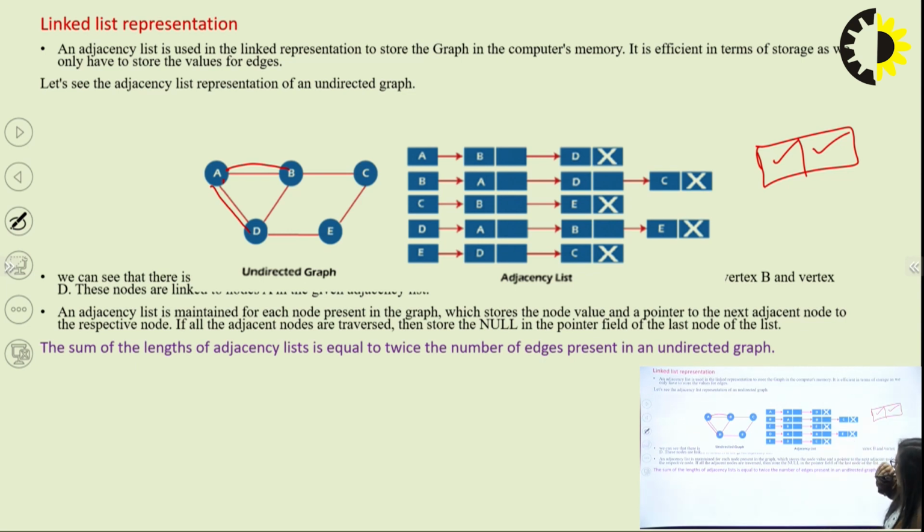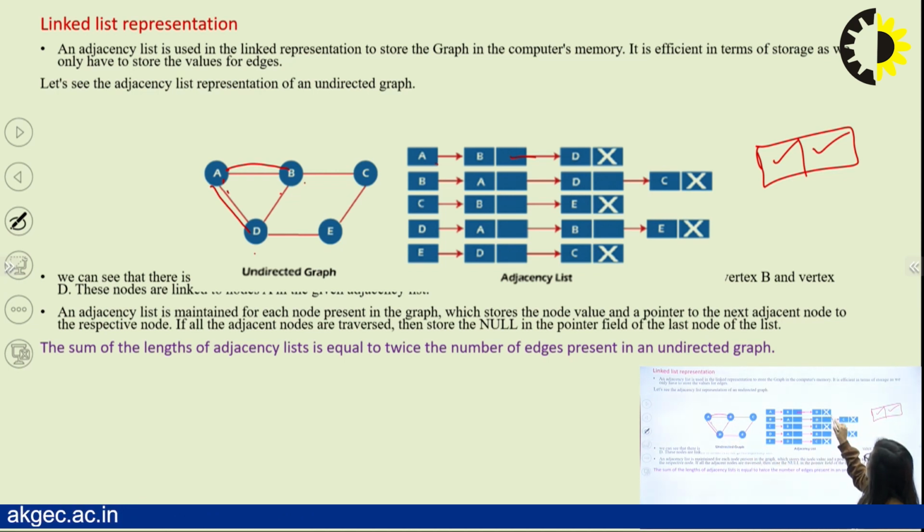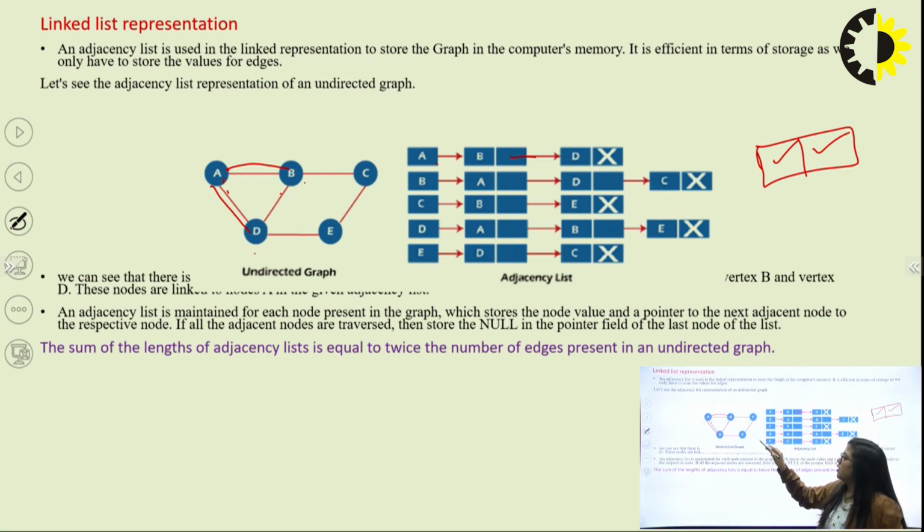So for A, first of all we check that A can easily move to B and D. So A holds the value B and the address of the next node, which is D, and the next one is null, meaning there is no other node that A moves to directly.